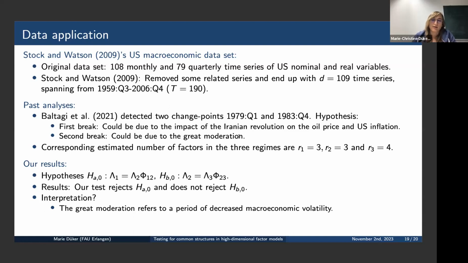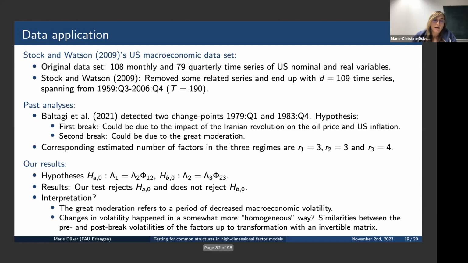So there was a lot of decline in volatility, and that our test doesn't reject this hypothesis maybe indicates, and this is all hypothesizing here, that there was a more structured change happening, that the changes in volatility occurred in a more structured way, that there is some kind of transformation in the loadings, instead of a change which says that there's no relationship between the loadings.